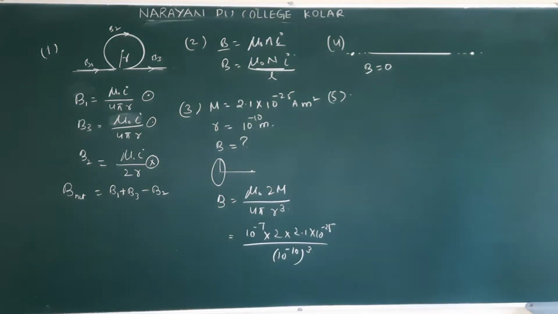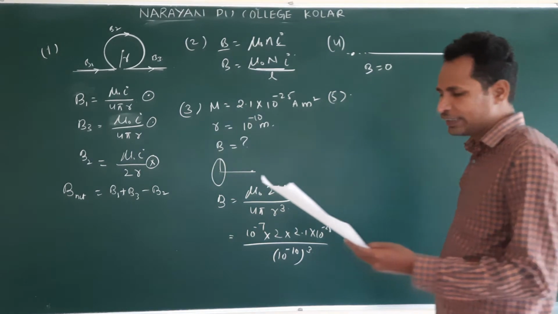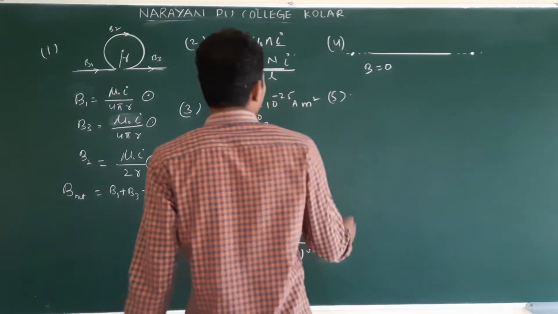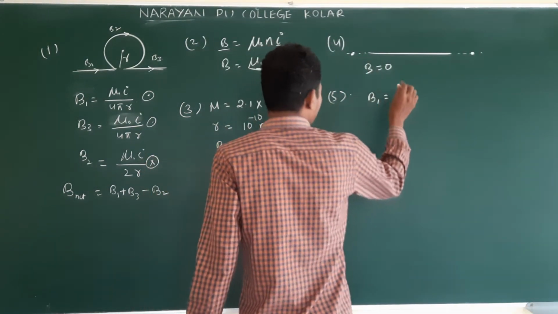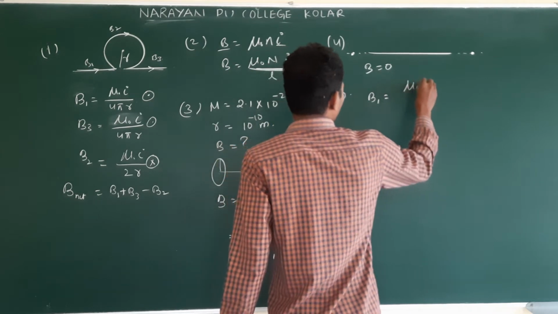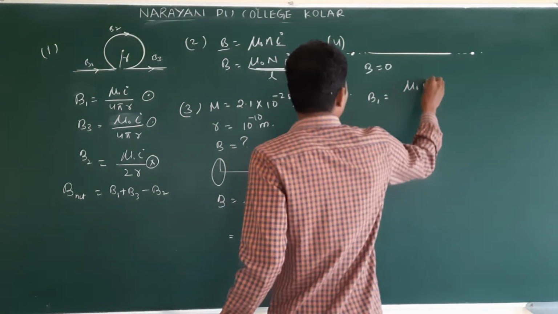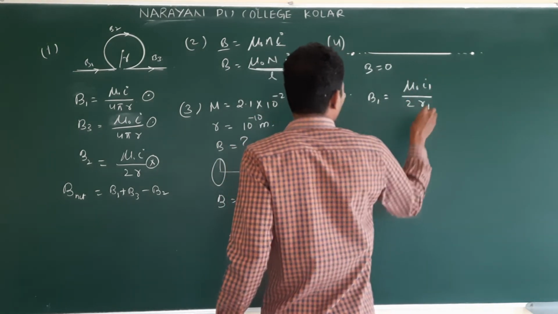Fifth one. A circular coil A has a radius R and the current flowing through it is I. Another circular coil B has a radius 2R, and 2I is the current flowing through it. Then the magnetic field at the center of the coils are in the ratio. They have given currents and radius, asking the ratio. B1, circular coil, so mu naught I1 by 2 R1.